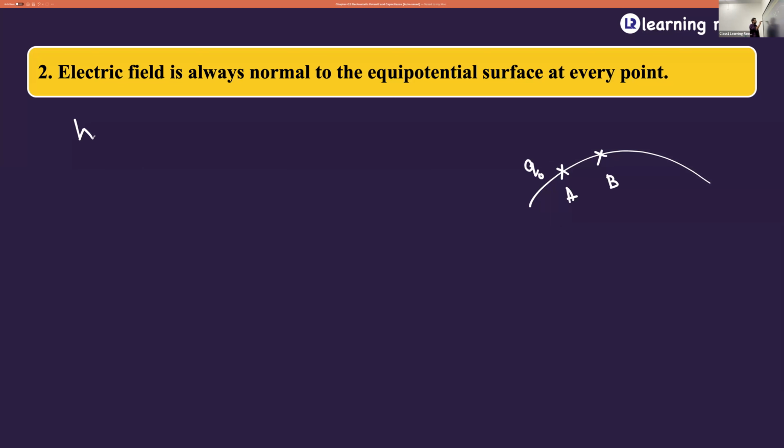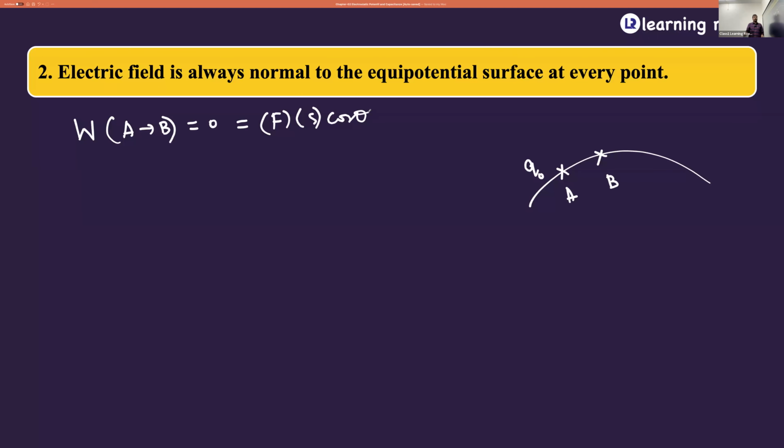So work done in moving the test charge from A to B is 0. First point to be noted. Secondly, we know that the work done is also equal to force into displacement, or I'll write it as force into displacement into cos theta.